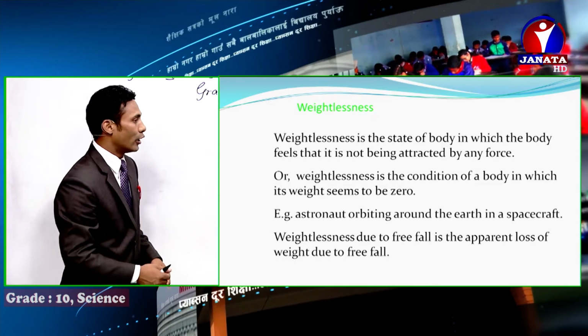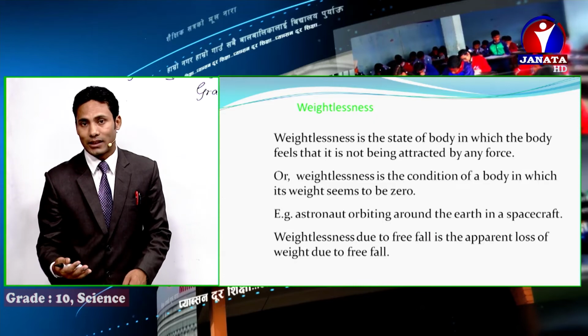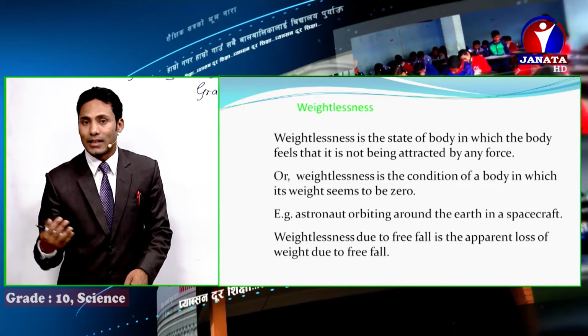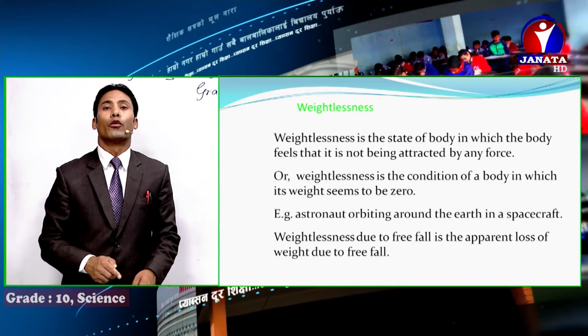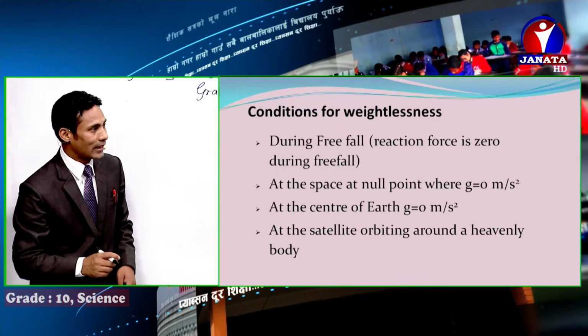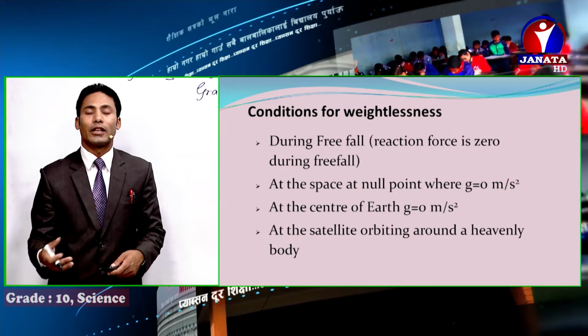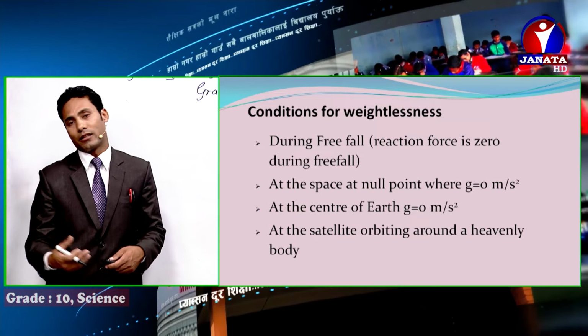And similarly, whenever astronauts are revolving around the planet in a satellite, weightlessness takes place. So the condition for weightlessness is during free fall, right? During free fall, the acceleration will be equal to the acceleration due to gravity.